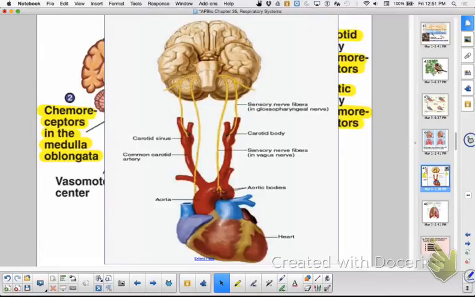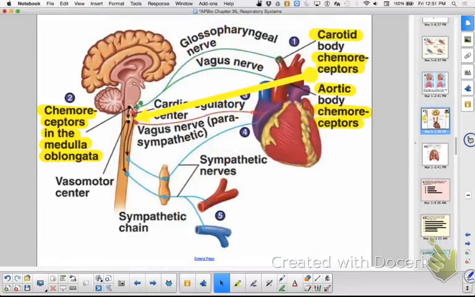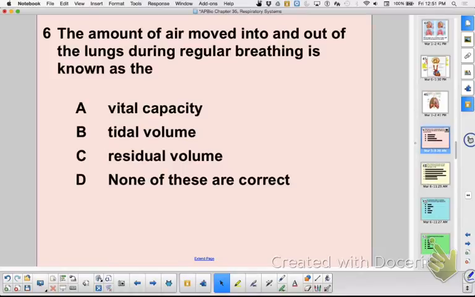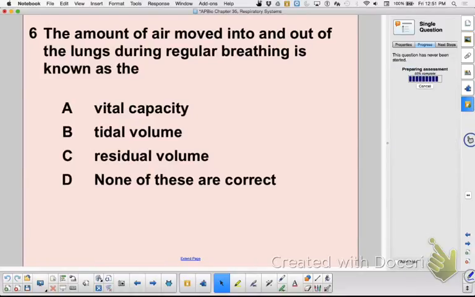How are you doing on that? What are you looking at? Not those guys. Okay, guys, commit to these.